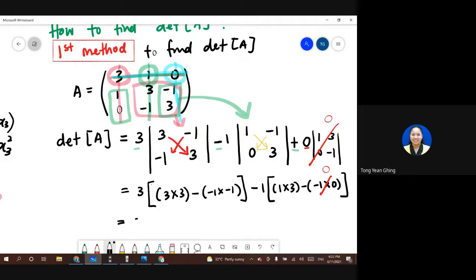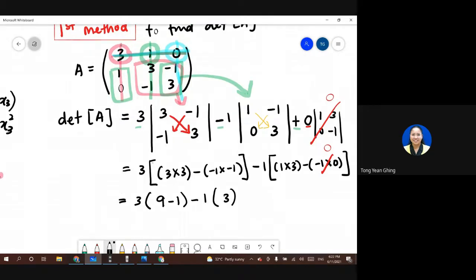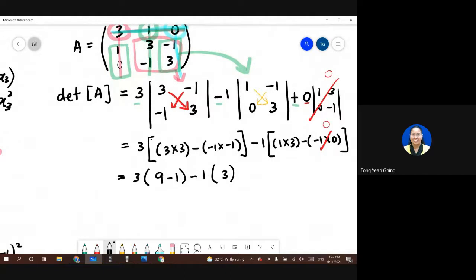Then continue: 3 times 3 is 9 minus 1, so 8. 8 times 3, 24. 24 minus 3 becomes 21. So 21 is not 0, which means this matrix A is non-singular. This is the first method to find the determinant of a matrix.